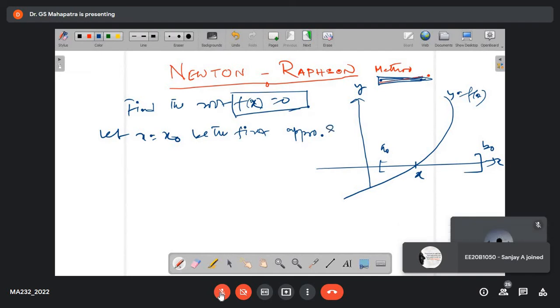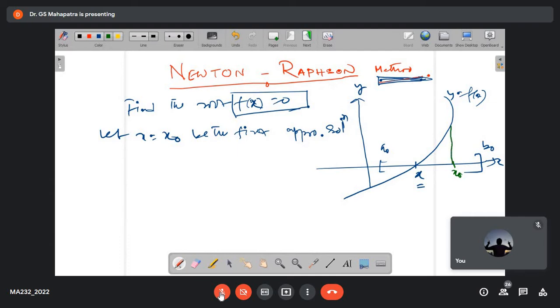Fine. So it should be very close to this one. Now let us consider this one is x0. So this is the point x0. Now draw the perpendicular line from the point x0.